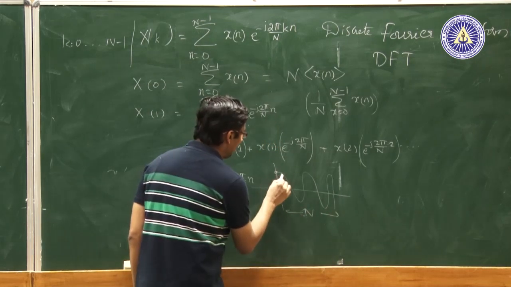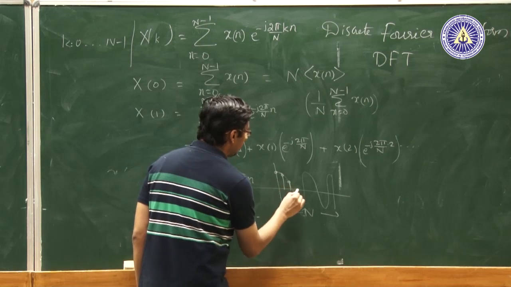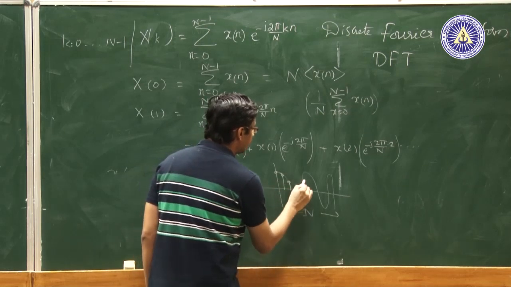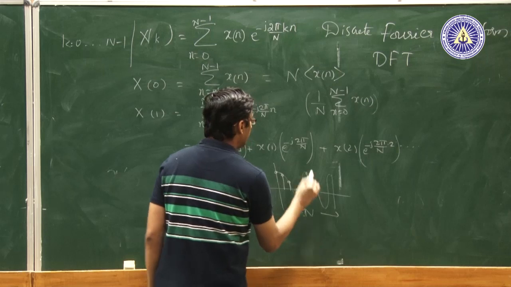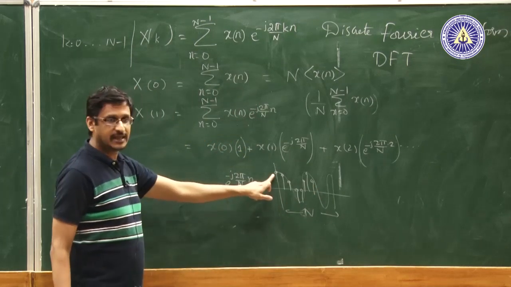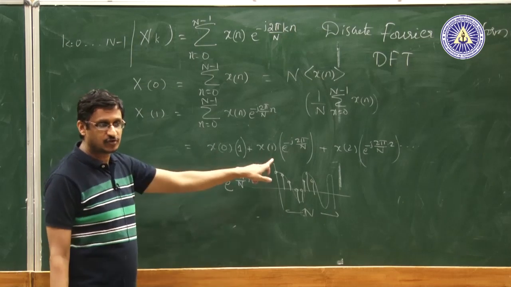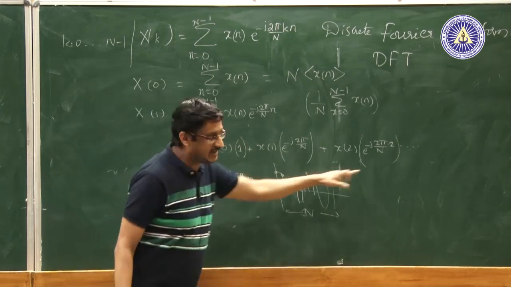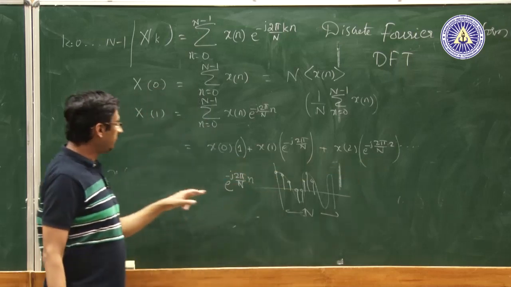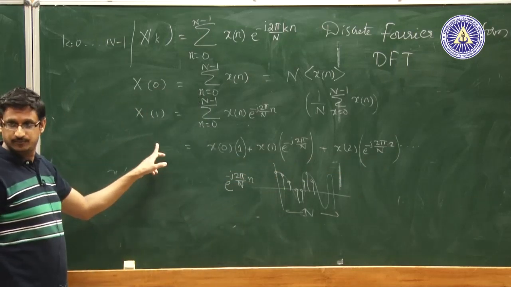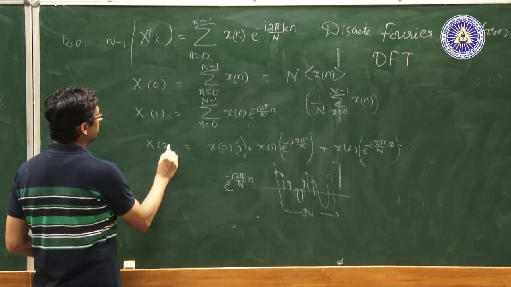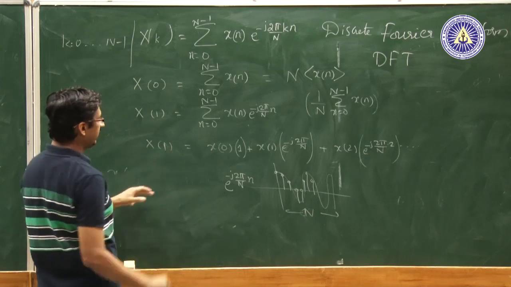Okay. This has been sampled in such a way that there are n such samples. And to each sampled discrete time sinusoid, you are going to multiply that one by x of 0, x of 1 and so on, and then sum the entire thing, okay, to obtain x of 1. And then you can do the same thing for x of 2, x of 3 and so on.